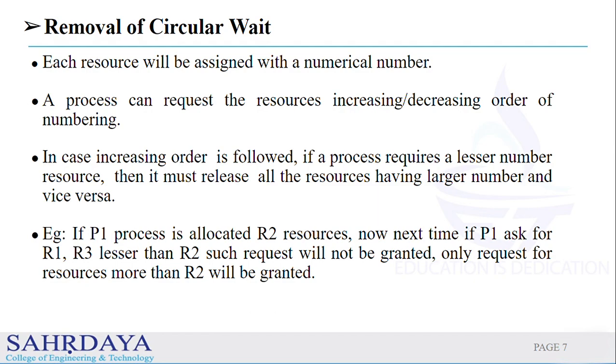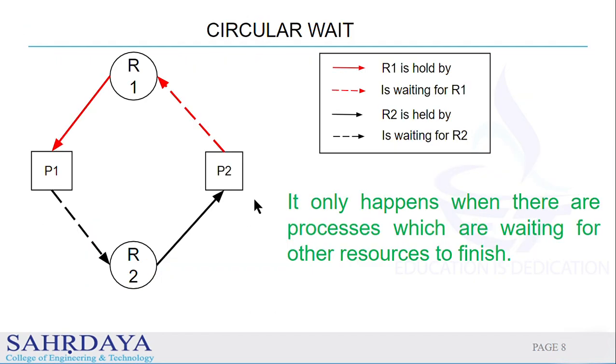Let us take an example. At this point of time, P2 can request R2 because it can request all resources greater than 1, 2, 3, 4 like this. Suppose R2 is held by P1. Can P1 request R1?